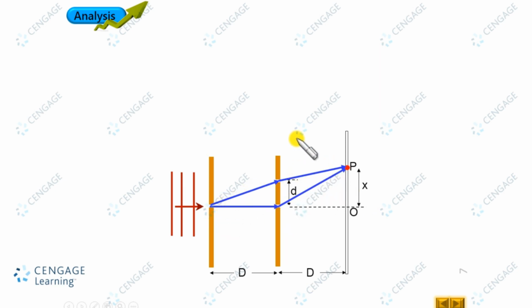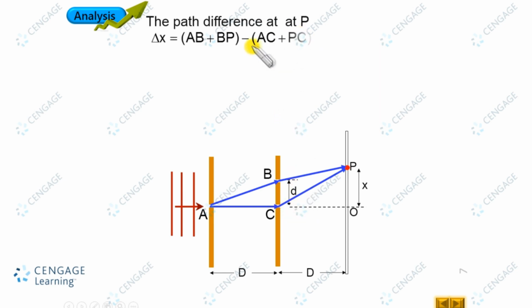So let us first find the path difference between the lower path and the upper path. So let us write A, this is B, and this is C. So path difference at point P should be equal to AB plus BP minus AC plus PC. So let us write the path difference, this one. Okay. Now we know the path difference at point O we have calculated, that is equal to lambda by 2.